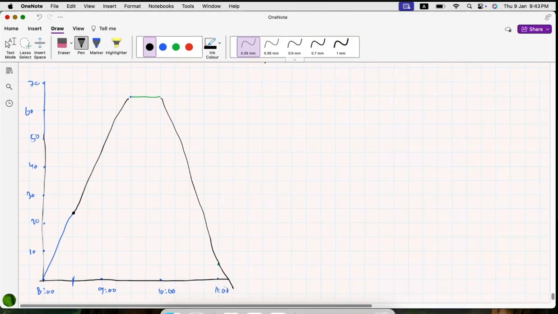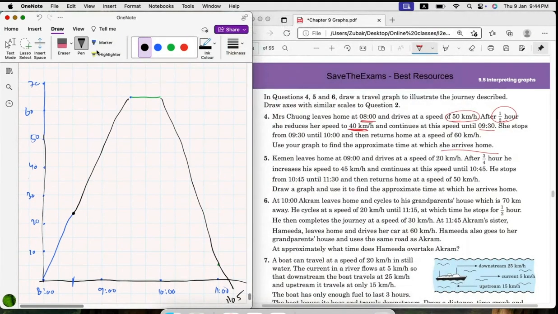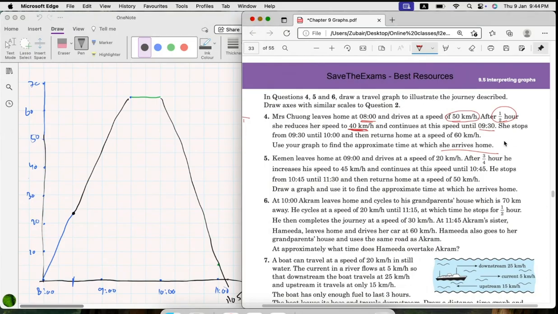So the remaining is 5 kilometers. 60 kilometers in 60 minutes, so 5 kilometers will be 5 minutes. So this is 11:05. And this is done.